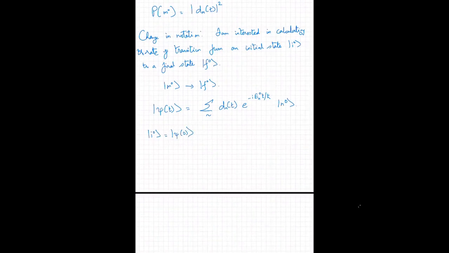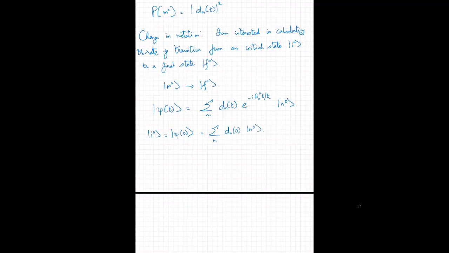For example, if my system starts out at time 5 seconds and that is my initial time, I'll always time translate and claim that I'm starting at time t equal to 0. So this psi of 0 is what I call I0. This is equal to the sum of dn0 times n0.